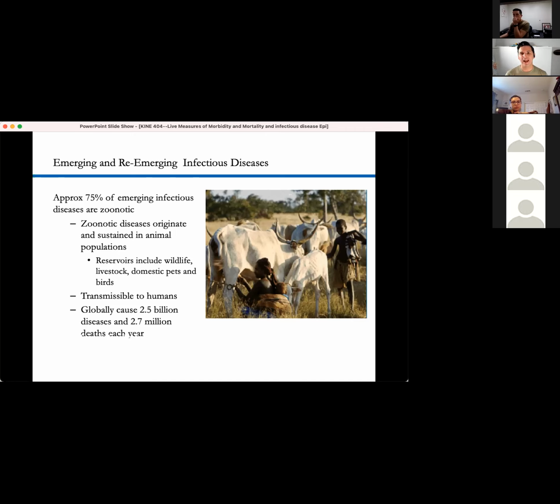And this is generally as a result of the repeated contact that we have, and actually as a result of humans encroaching on environments, things like deforestation, things like our husbandry or animal practices, things like meat trade and consumption of meat, and our desire to continually consume more products and encroach on our environment.